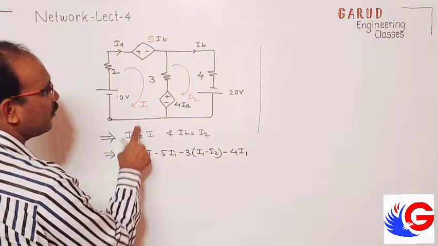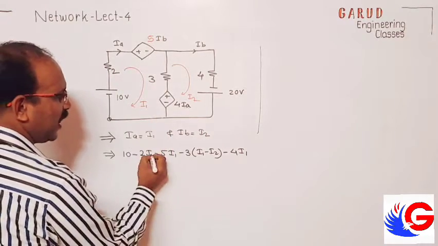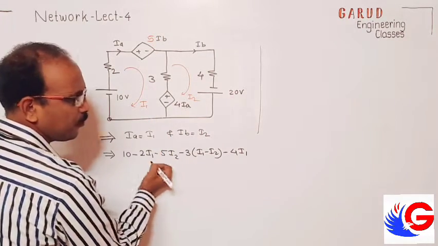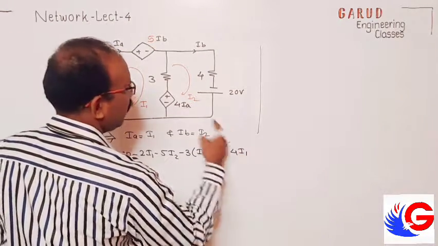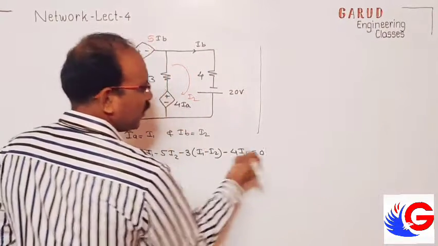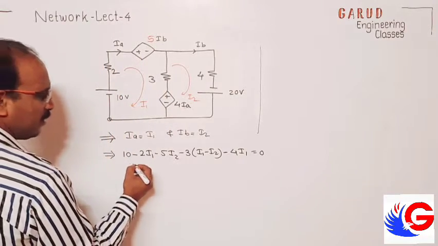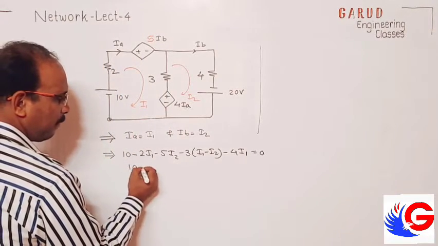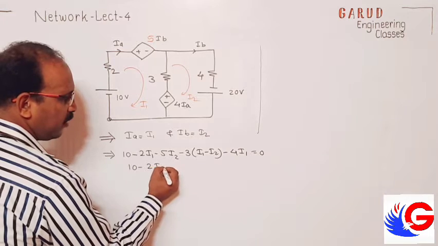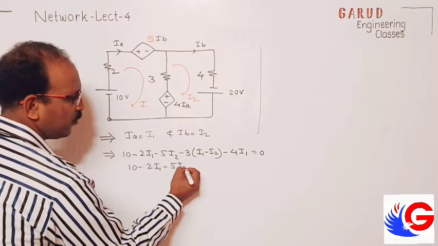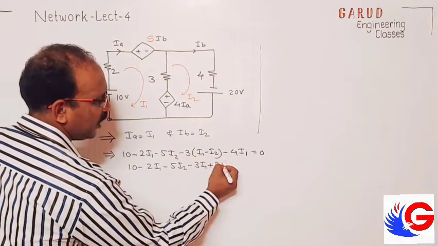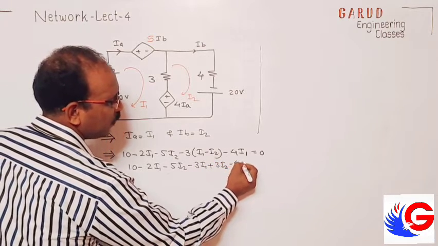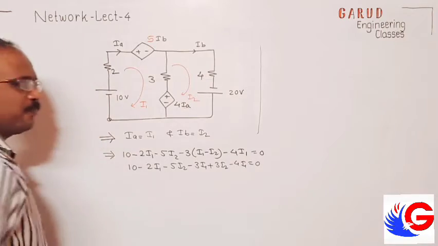IB is I2. Here we can write IB and here we can write IA, equals 0. Okay, so 10 minus 2I1 minus 5I2. Now it will not cancel. Plus 3I2 minus 4I1 equals 0.